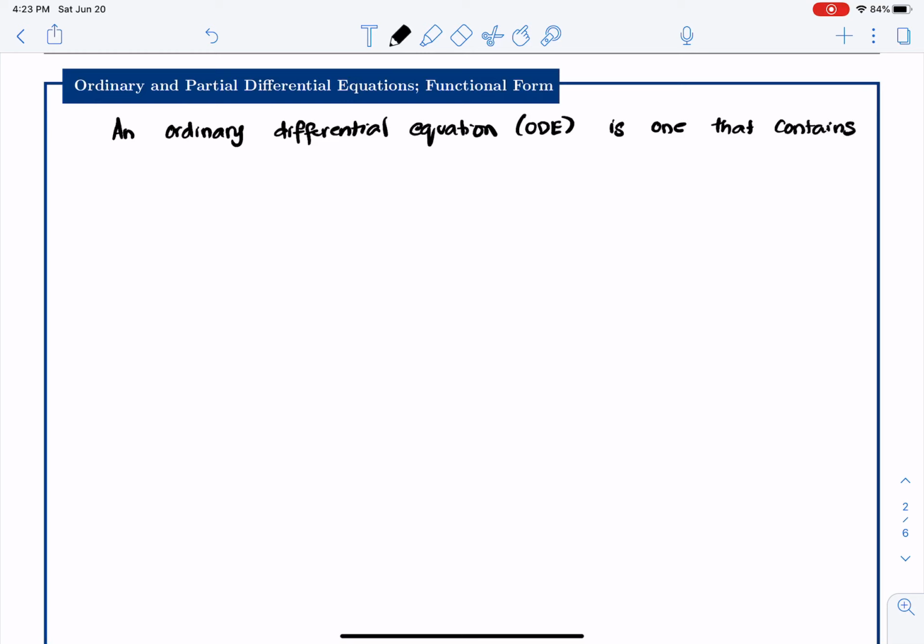An ordinary differential equation, or ODE, is one that contains exactly one independent variable.